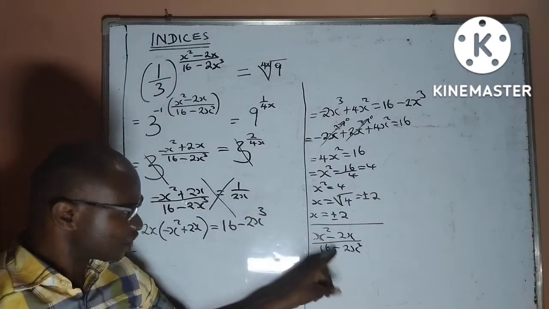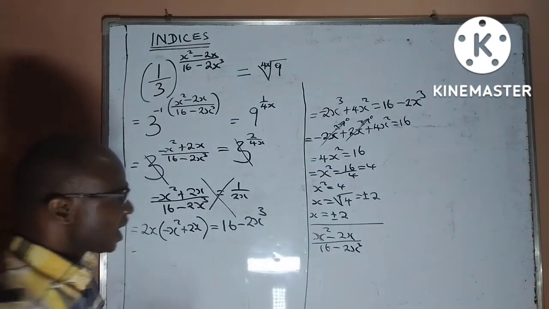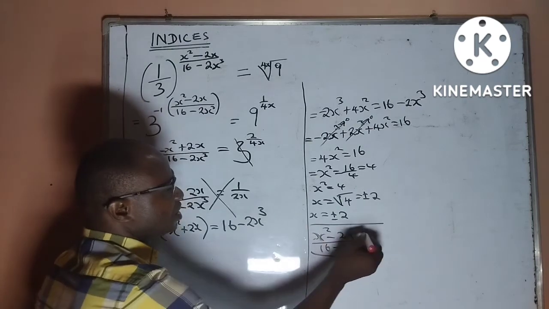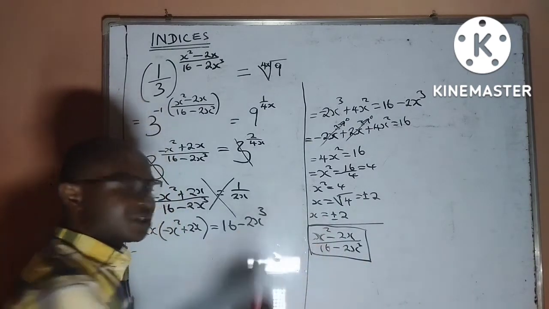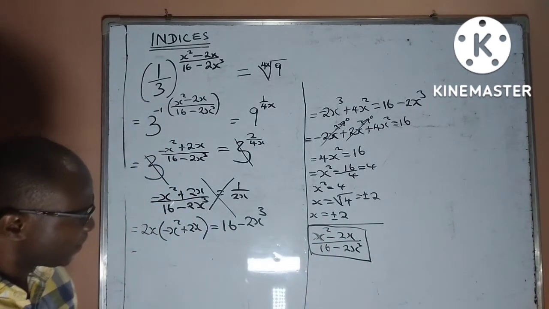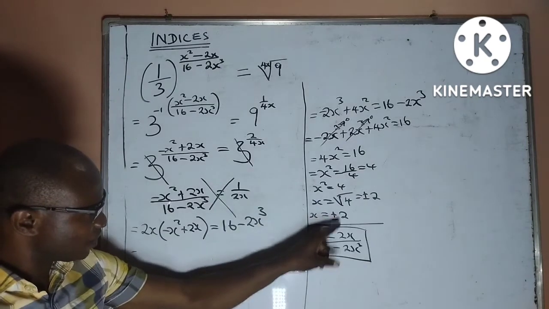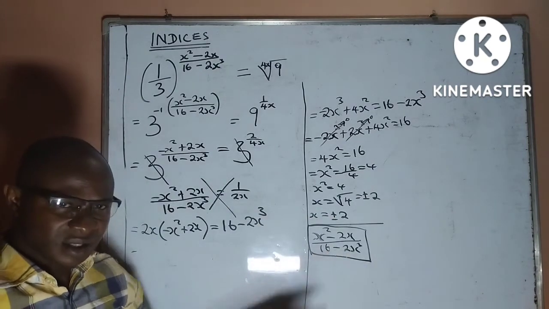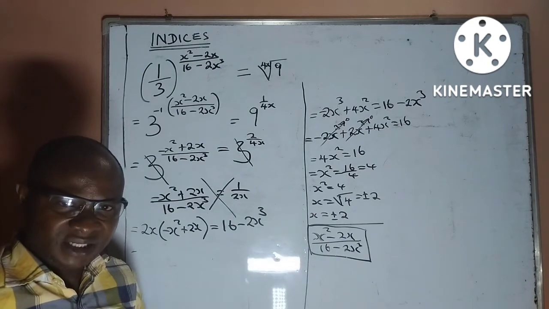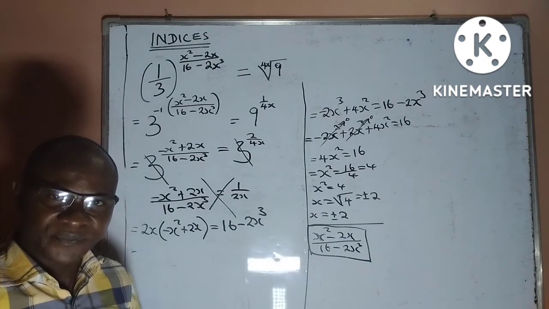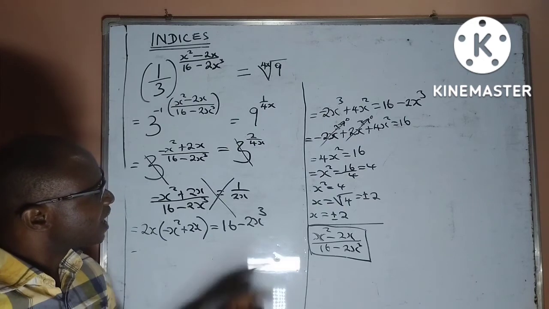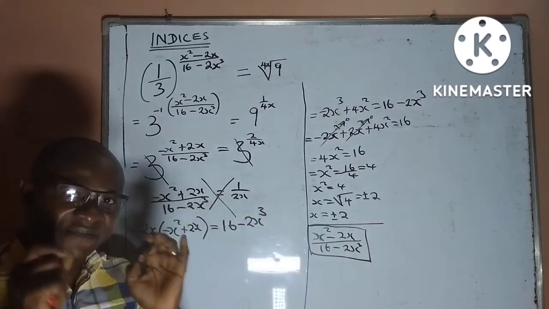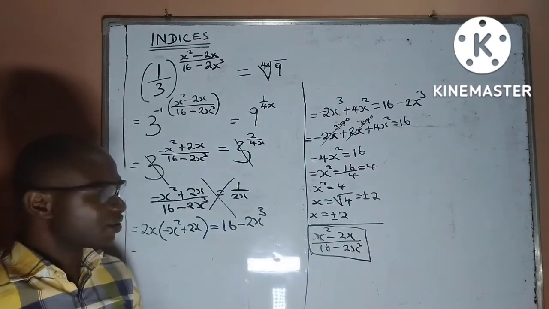I will pay more attention to the denominator. Why? If I substitute the value of x at the denominator and get 0, it means it is undefined. And we don't want it to be so. What it means is that I need to substitute and get a value at the denominator.